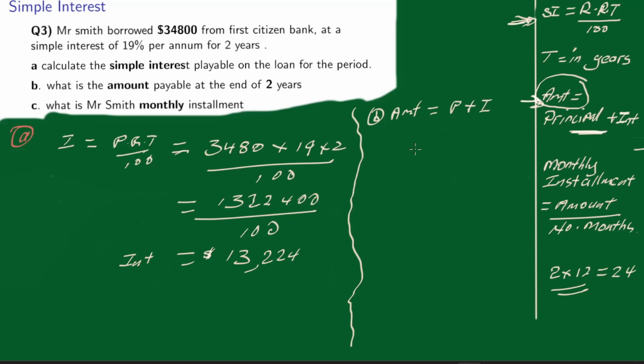So in our case, the principal was 34,800, and the interest that we calculated is 13,224. So adding both of that will give us the amount, and the amount will be 48,024.